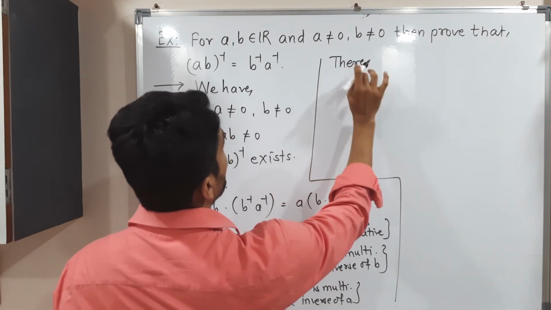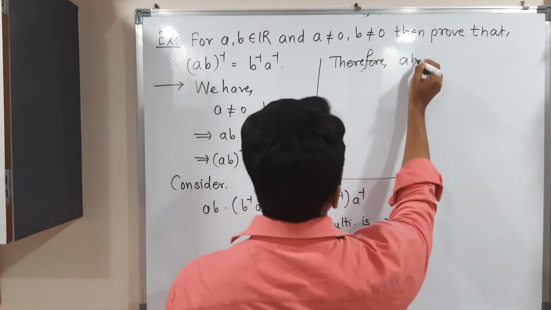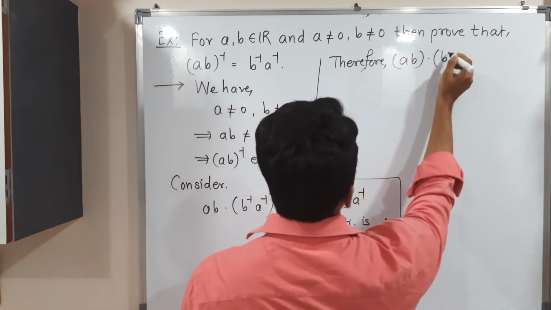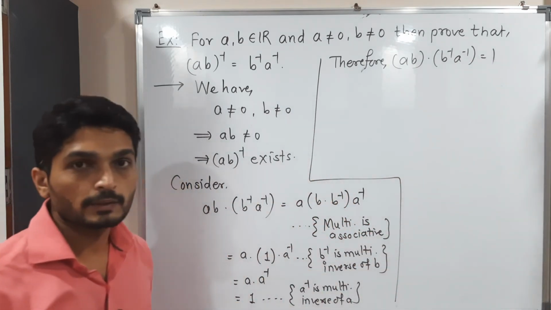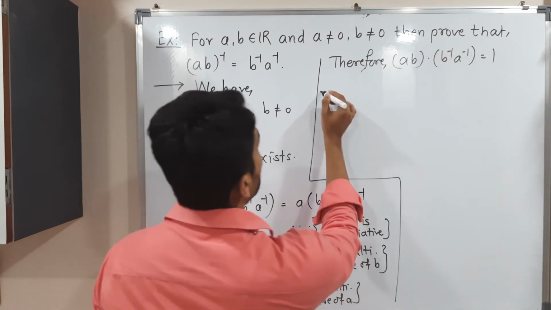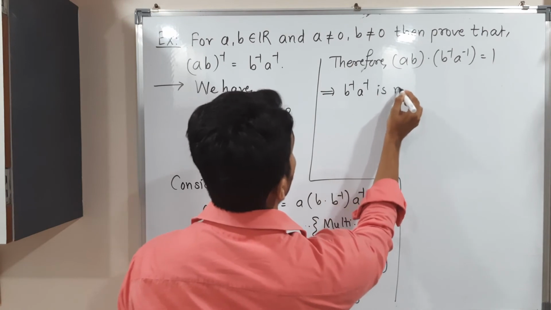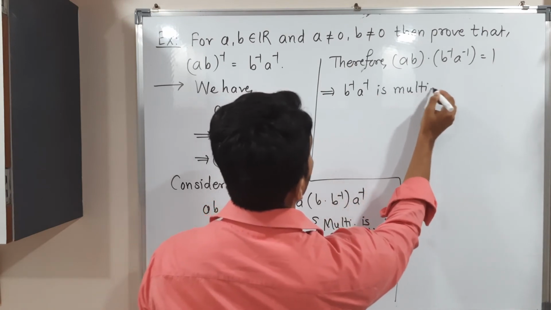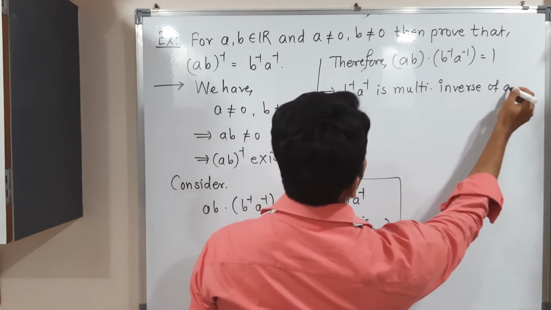Therefore what we get? ab into b inverse a inverse, and we solved, and what we have got is equal to 1. So that's why b inverse a inverse is the multiplicative inverse of ab.